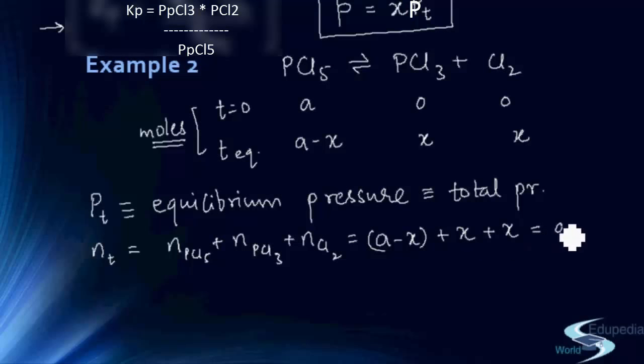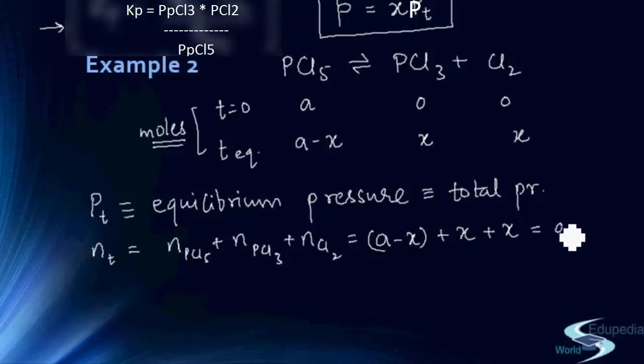Now I can directly write the expression for mole fraction. Mole fraction is simply moles of the individual substance divided by total moles. Mole fraction of PCl5 at equilibrium will be a minus x divided by total moles, a plus x. Mole fraction of PCl3 at equilibrium will be x divided by total moles, a plus x.